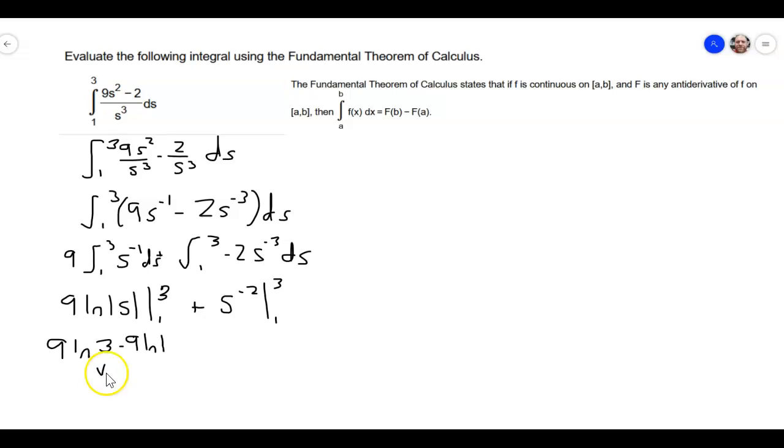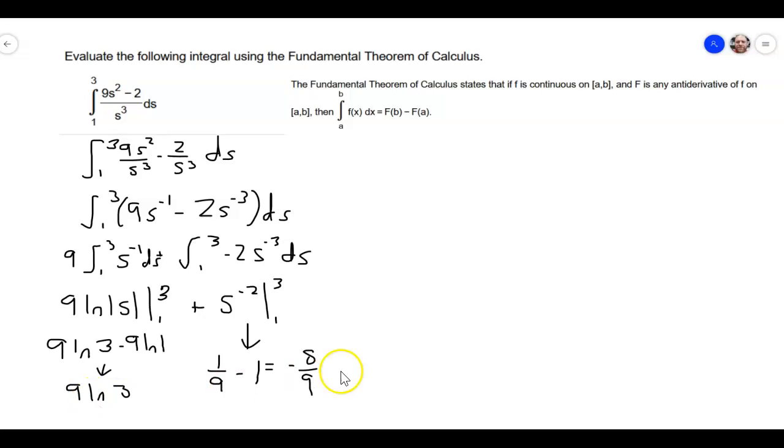So this just becomes 9 natural log of 3, and then this one down here is going to be 3 to the negative 2, which is just 1/9, minus 1 to the negative 2, which is just 1, which is going to be equal to 1/9 minus 1, which is negative 8/9.